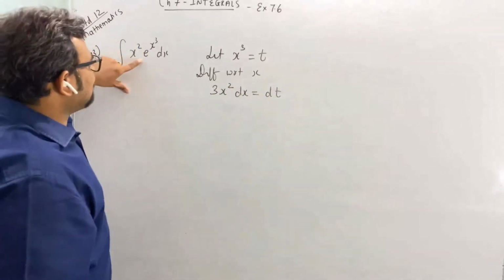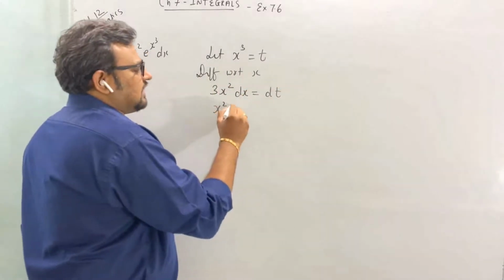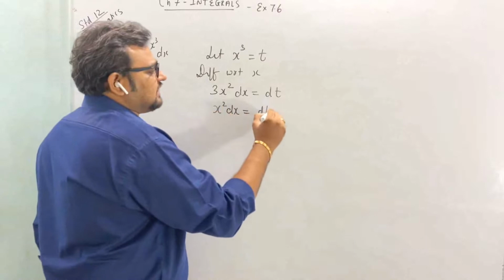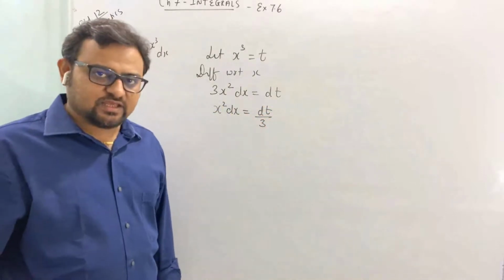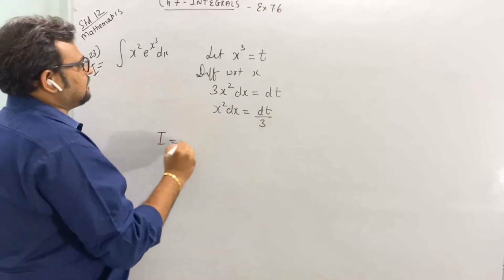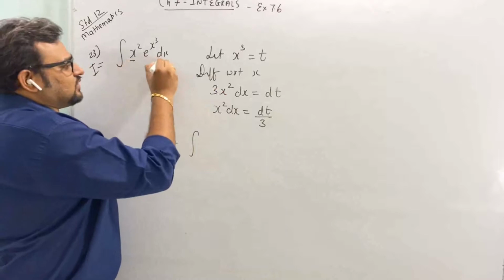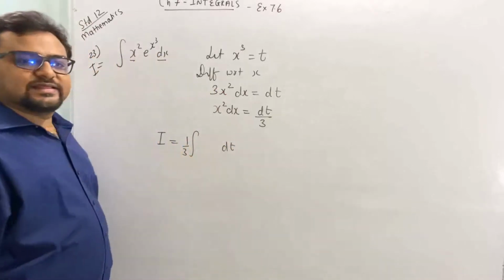But see, I am having only x square. So what I will do, x square dx will be equal to dt by 3. So now I am putting this value in the question. Instead of x square dx, it's dt 1 by 3.